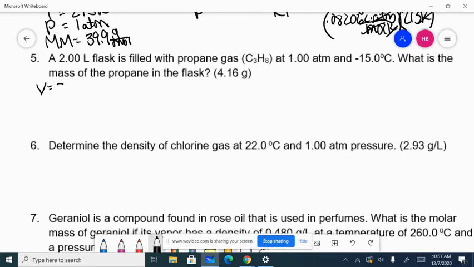We have a 2.00 liter flask filled with propane gas at a pressure of 1.00 atmospheres, a temperature of minus 15 degrees Celsius. Let's go ahead and turn that into Kelvin by adding 273.